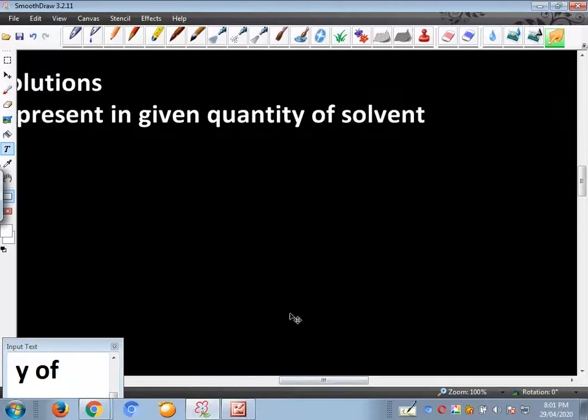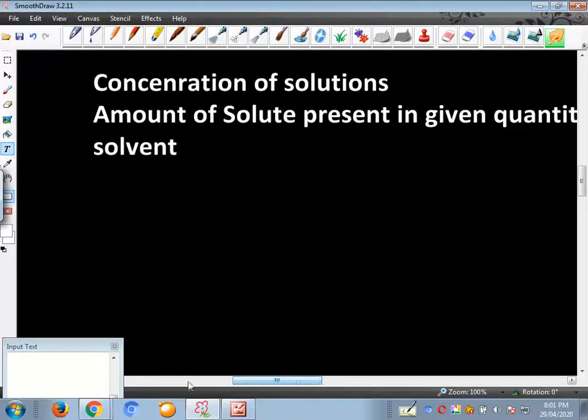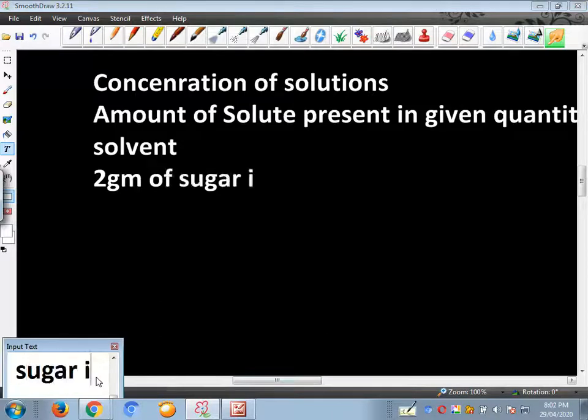That means, as I gave an example previously while defining the sugar solution, with respect to 2 gram of sugar in 100 ml of water.